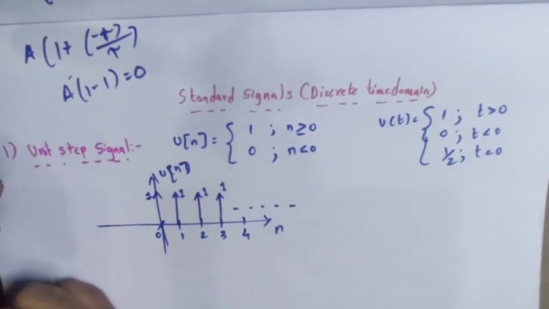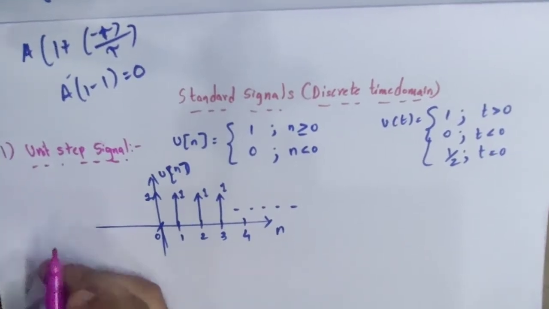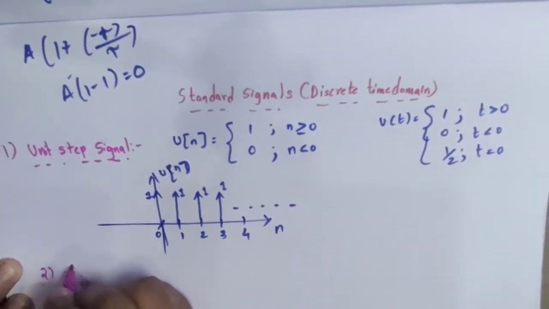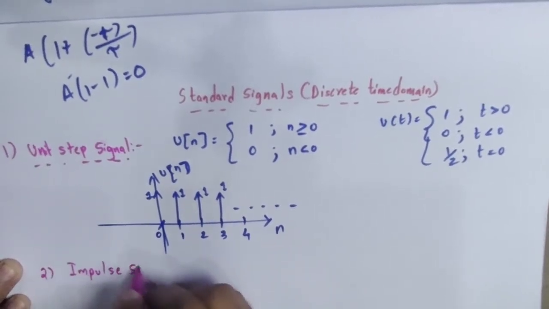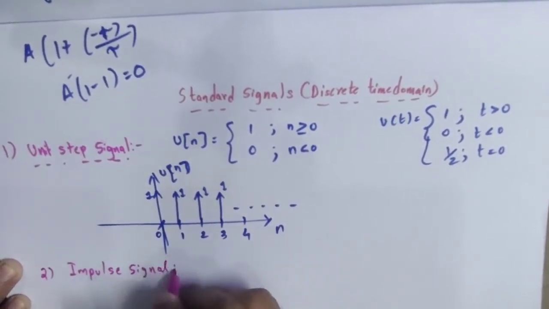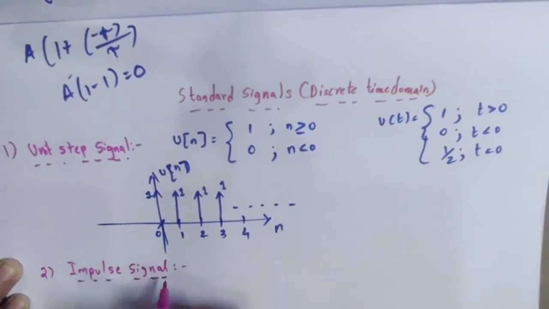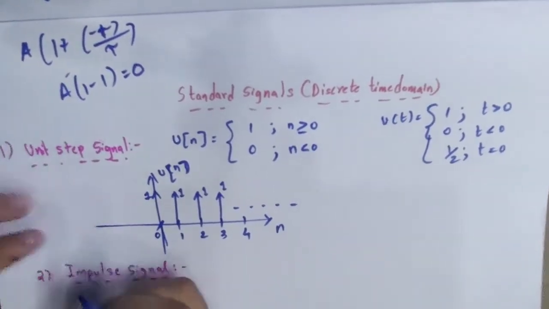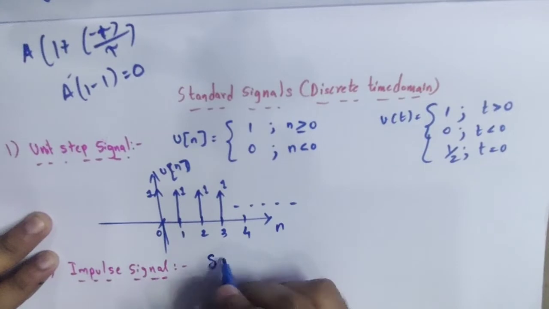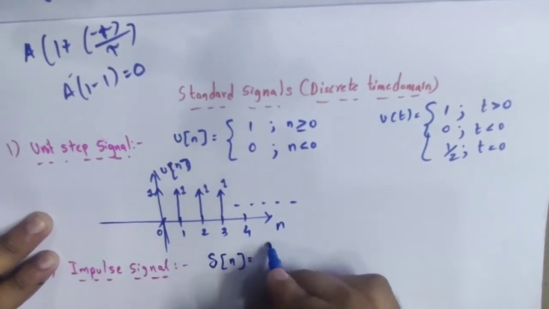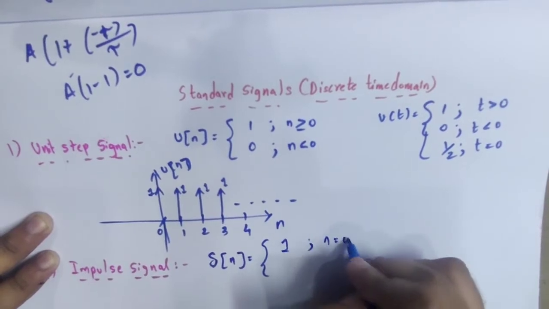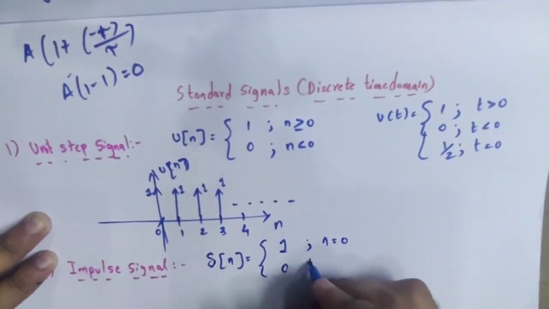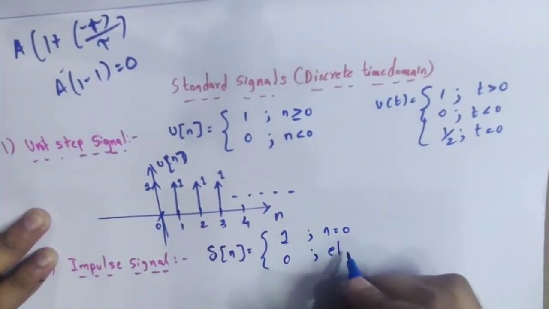Now let us come to impulse signal. We had also seen impulse signal, right? That was our second signal. What would be impulse signal? Definition: del of n is equal to 1 for n equal to 0, and it is 0 elsewhere.